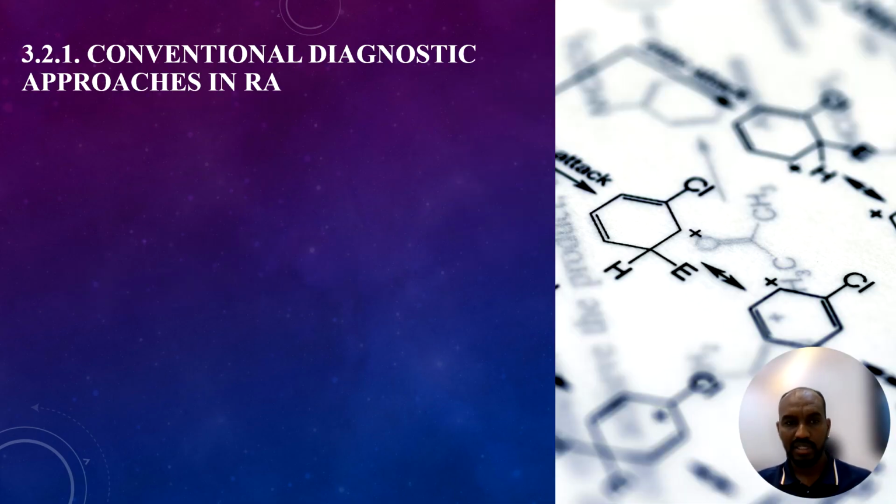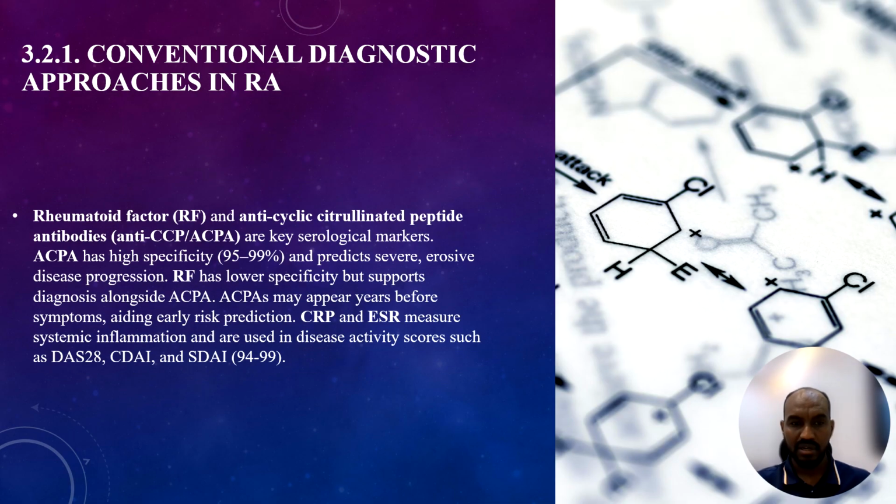For the conventional diagnosis approaches, rheumatoid factor and anti-cyclic citrullinated peptide antibodies are the key serological markers.